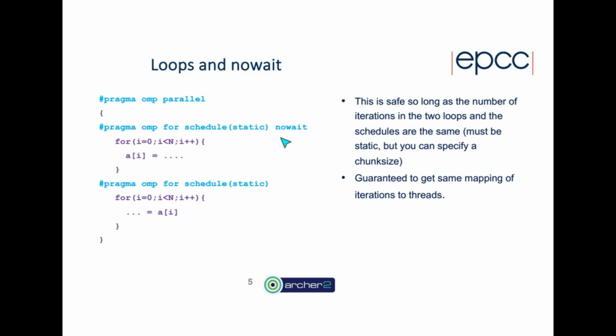So that means that the nowait is safe, because we're now absolutely guaranteed that the thread that writes a particular A[i] is going to be the same thread that reads A[i] in the second loop. And so the barrier synchronization isn't necessary.